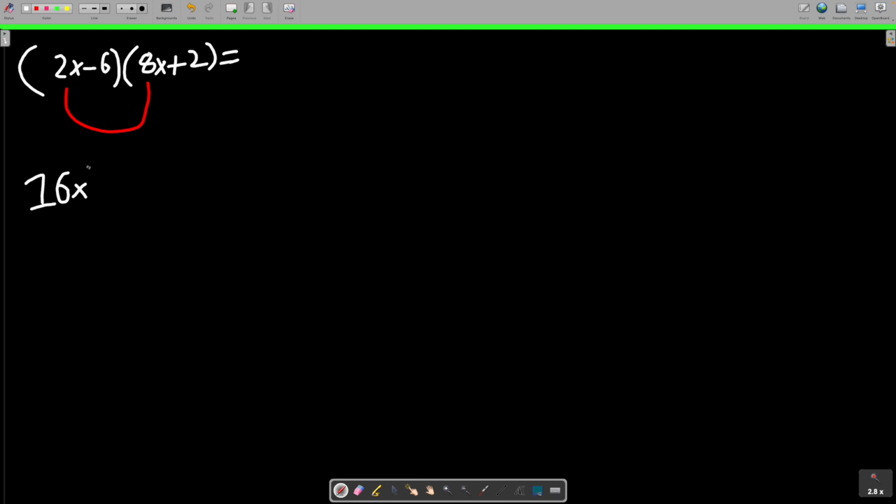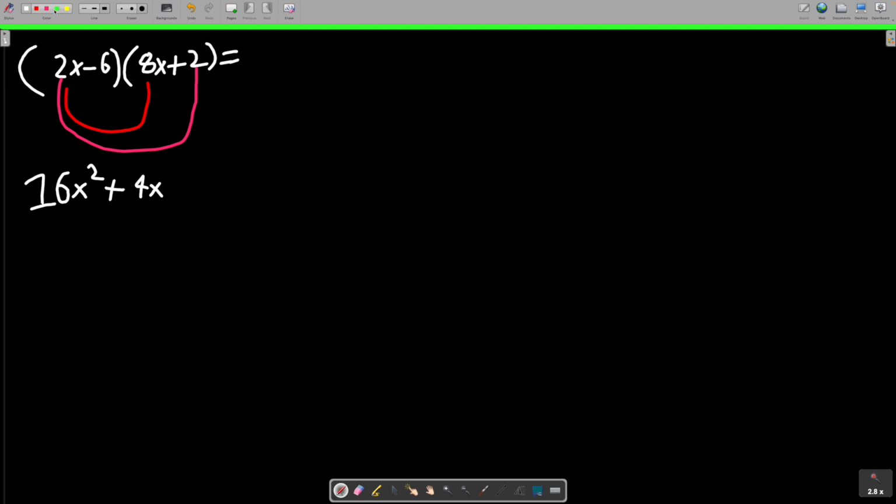Then O stands for outer. So we're going to have 2x and then all the way out times 2. 2x times 2 is just positive 4x. And then I stands for inner.